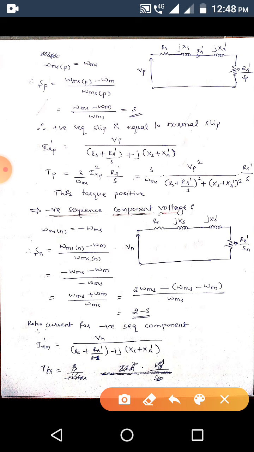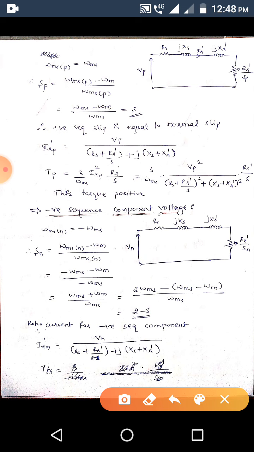So what we will get? 2 omega ms minus omega ms minus omega m divided by omega ms here. So then again if you simplify this, because omega ms minus omega m divided by omega ms is nothing but s here. Okay, so if you simplify this, you will get 2 minus s.